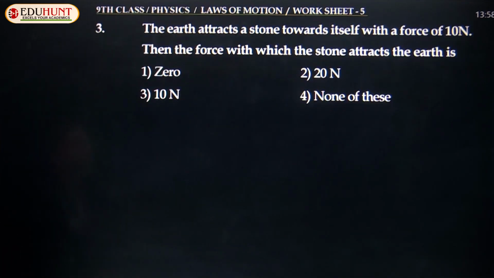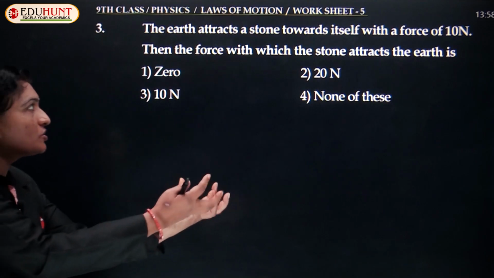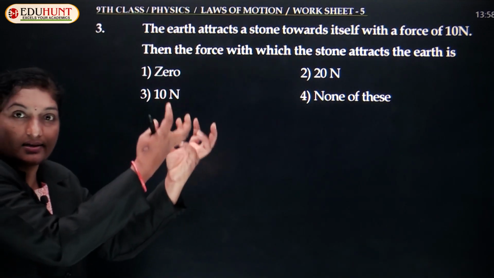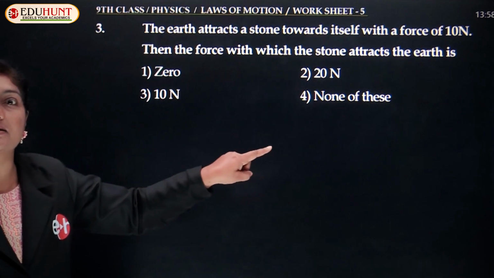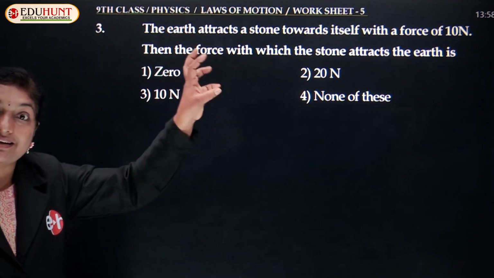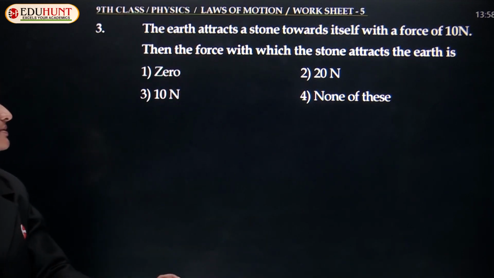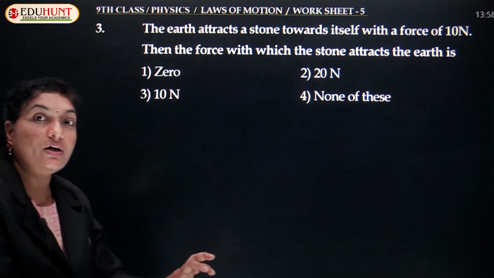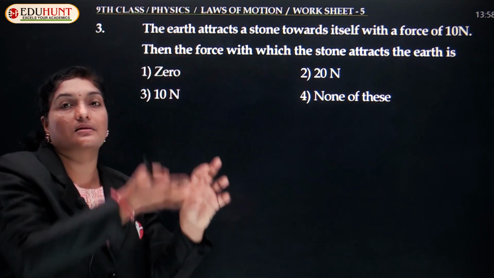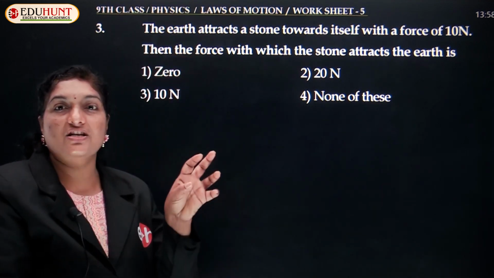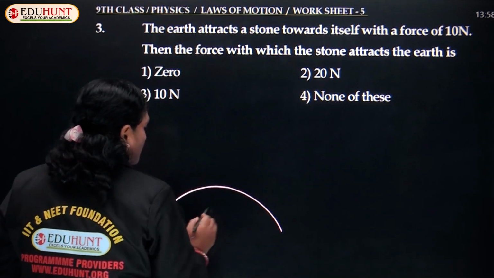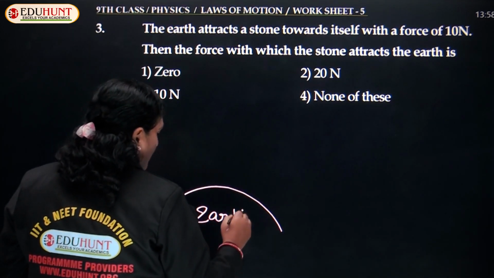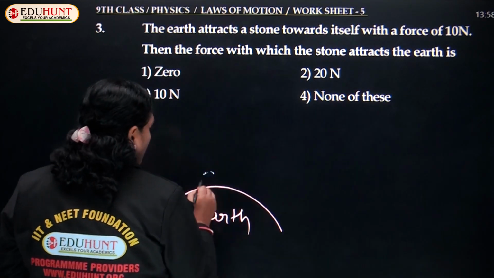Now moving to the third question. The earth attracts a stone towards itself with a force of 10 newtons. Then the force with which the stone attracts the earth is... For every action there must be an equal and opposite reaction. Here you take the earth and a stone.